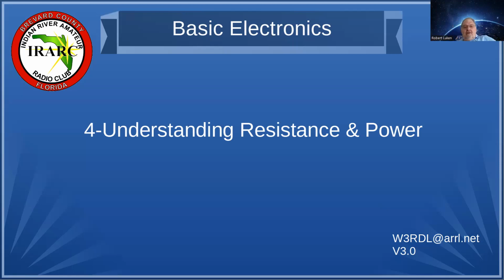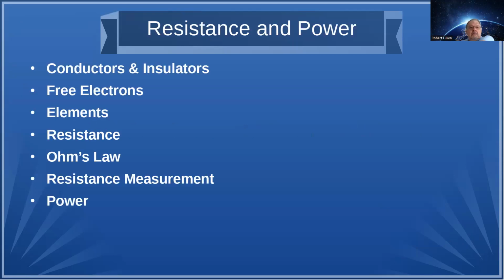All right. So we're going to talk a little bit about resistance and power. First, about conductors and insulators and why they're different. A little bit more about the free electrons that we talked about last time, which is how energy and charge is actually moved around.